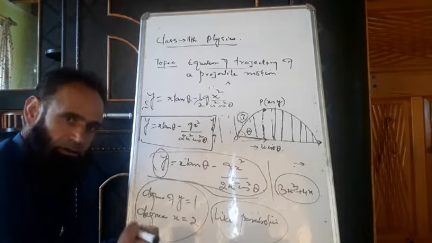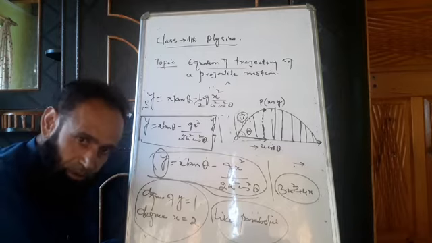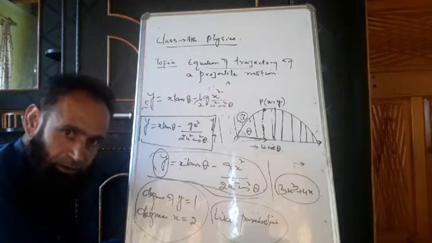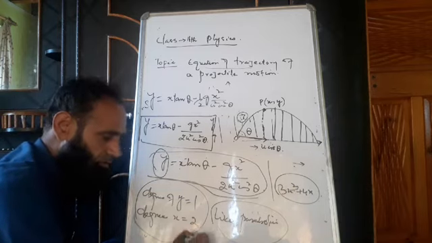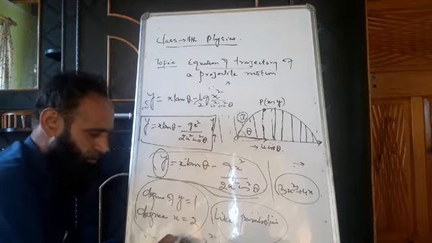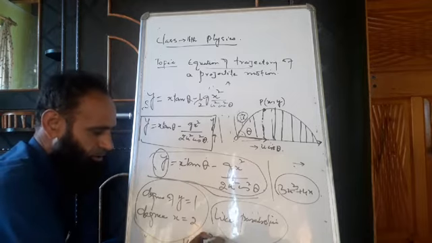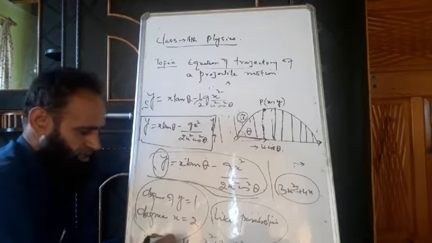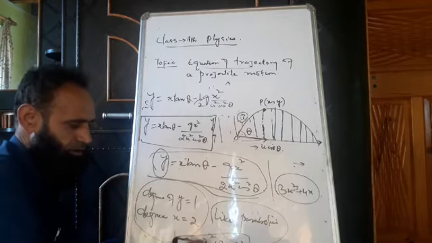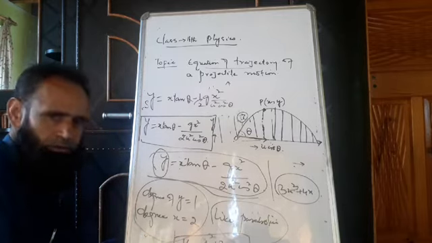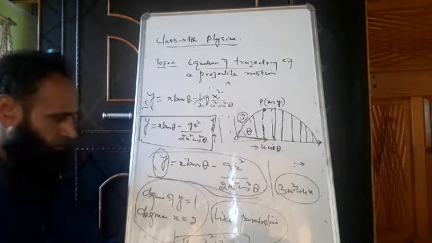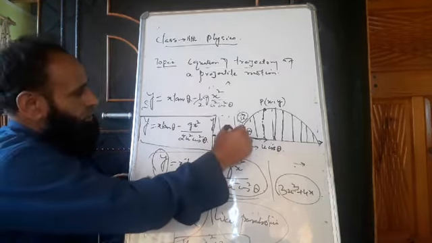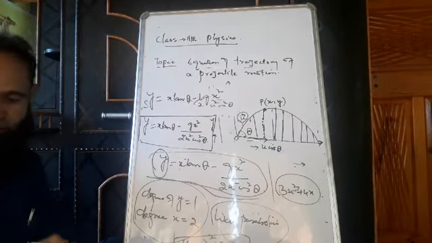If the equation is of second degree, a quadratic equation, say y is equal to x square plus 3x plus 2, and we find its graph, it may be parabolic. So the graph of this projectile is parabolic.